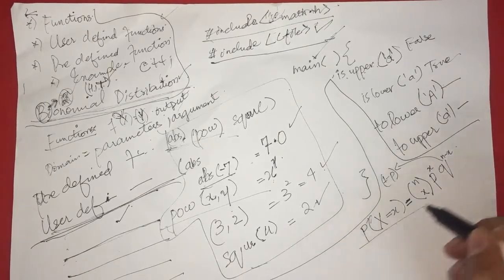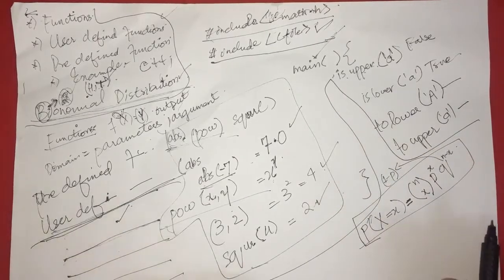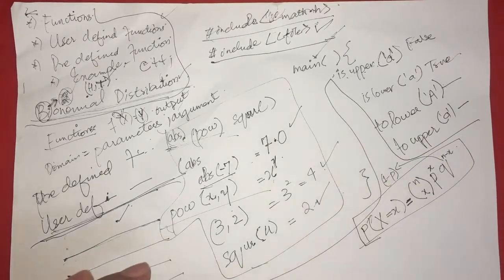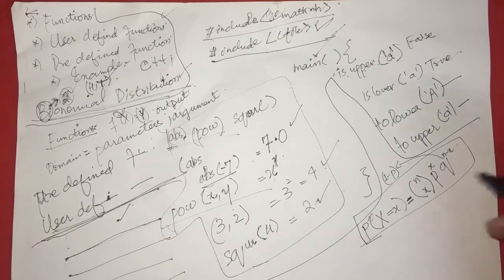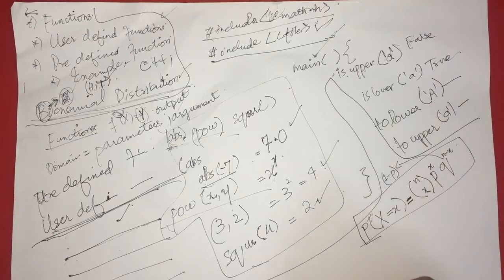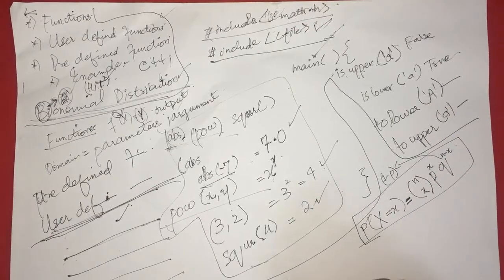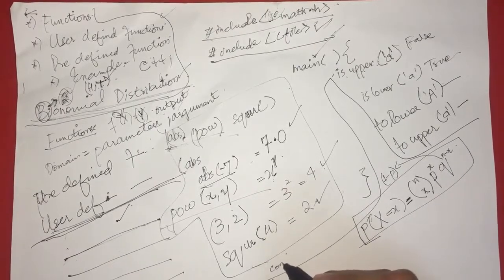So let's discuss what this formula is about. We are not going that deep because I don't have that much time, but I'm just going to touch it from the top. n choose x is basically the combination.